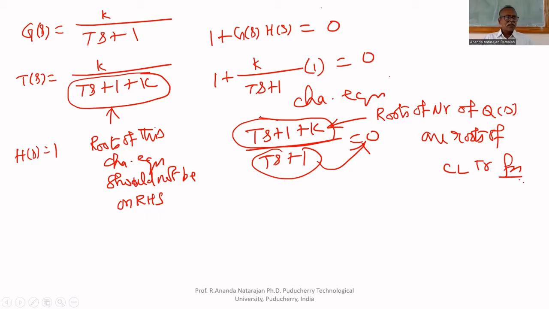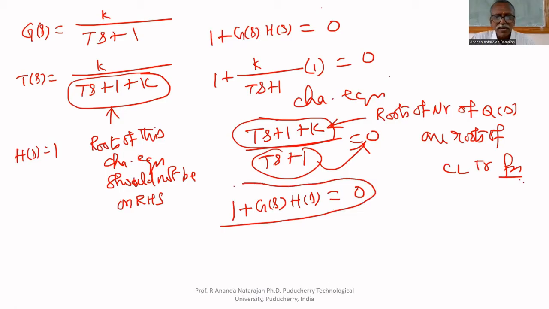Numerator polynomial, not denominator polynomial. So I can say that 1 plus G of S H of S equal to 0, if I consider that the numerator polynomial of this is the characteristic polynomial. The roots of this numerator polynomial are the closed loop poles.